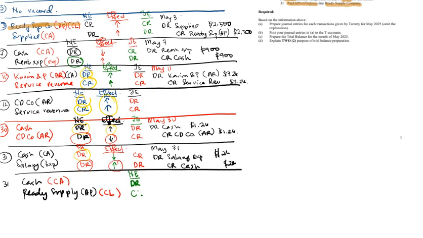If you were to record this transaction, your cash account will be lower because you paid. Ready Supplies, that particular supplier, the balance in the account will also be decreased because you already paid. So we are going to contra both of the accounts because of the effect.